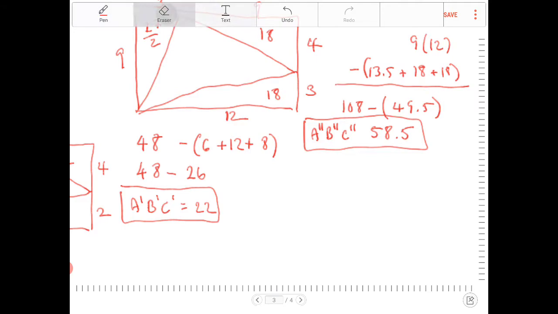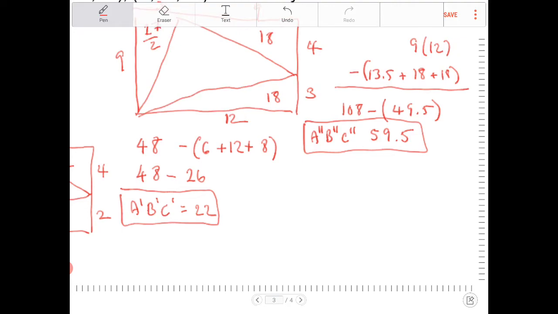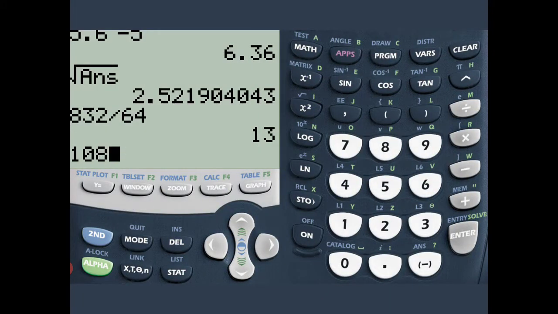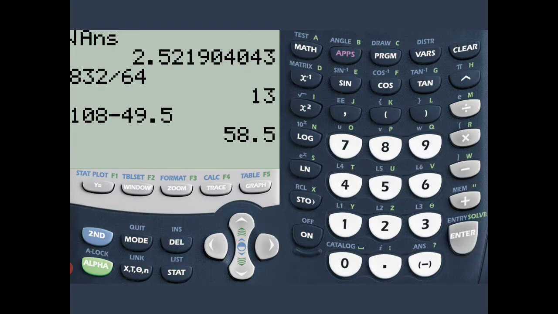It's not 58.5. It's 59.5, right? Is that the case? 108 minus 49.5. I don't know why I'm struggling with that. 108 minus 49.5. 58.5. And if I divide that by 5.5, I'll end up with, hold on.